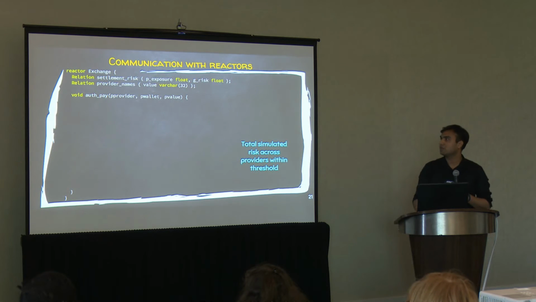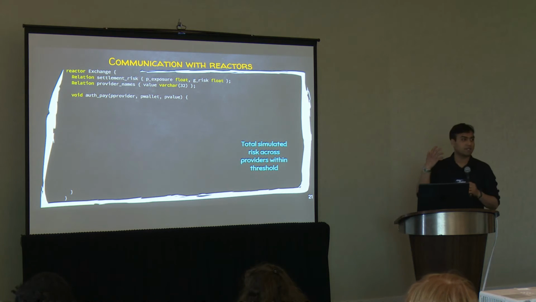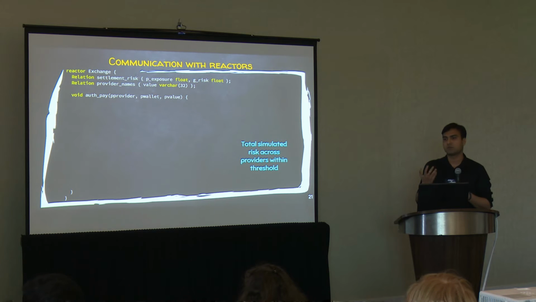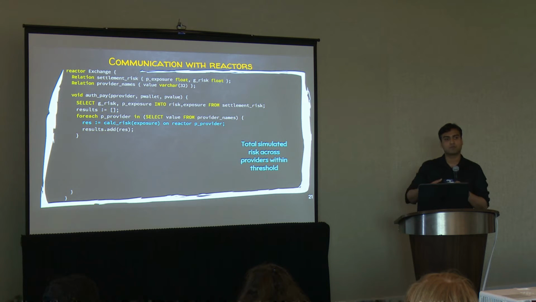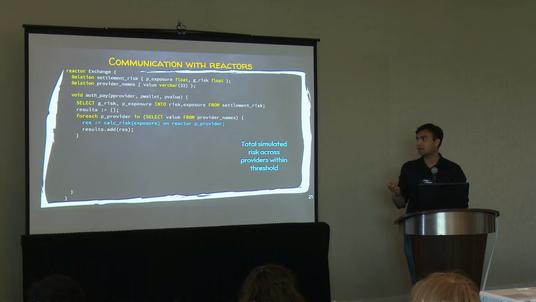For example, if I have my authPay method in my exchange reactor, which is supposed to authorize individual orders from these wallets, it needs to ensure that the total simulated risk across providers is not exceeded. In order to do that, it invokes the calc risk function on each of the provider reactors asynchronously so that they do the risk calculations in parallel.